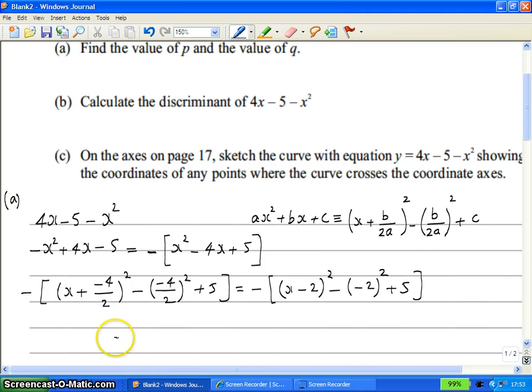Further we can simplify this to x minus 2, sorry, missed out the minus, all squared.